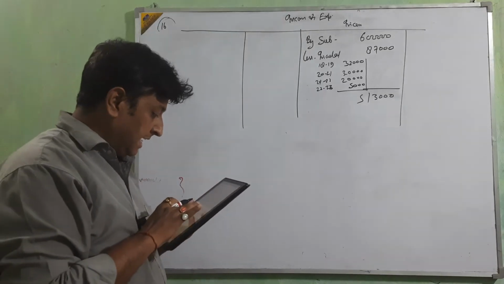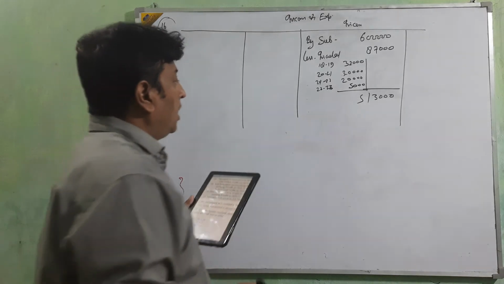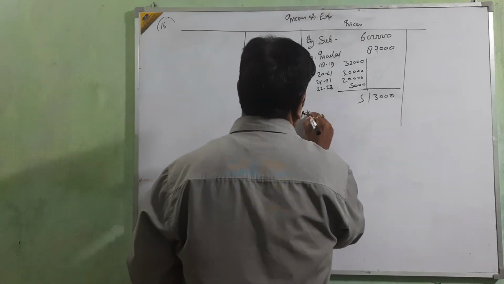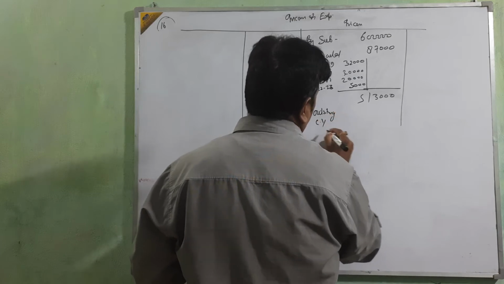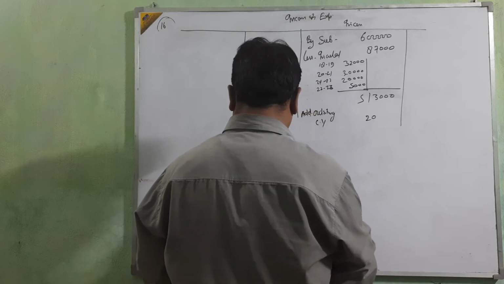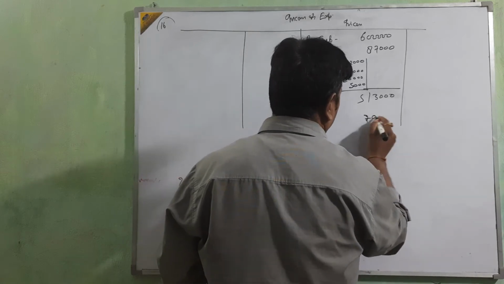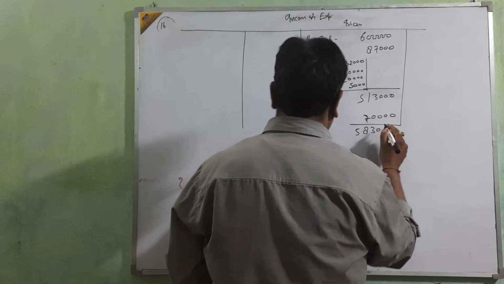Then add the outstanding, beta. Add outstanding for the current year, that amount is I think 70,000. 5 lakh 83,000, beta.